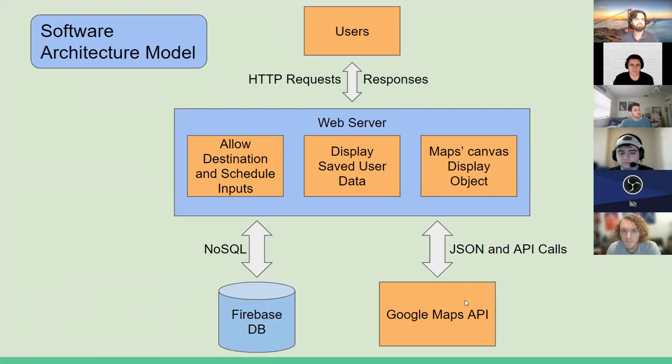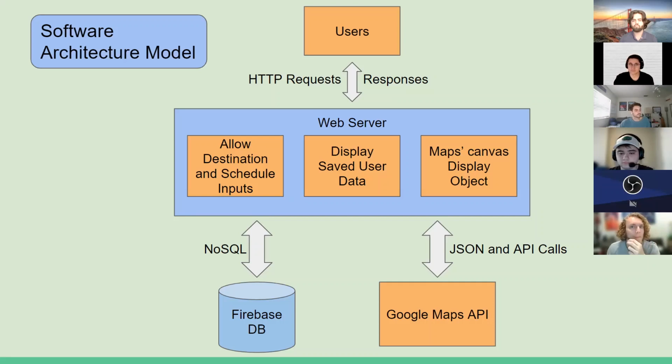This is our software architecture model. As you can see, it is a 3-tier client-server architecture model. We start off with our users accessing our website via HTTP requests. We respond with the ability to allow destination and schedule inputs with our outputs.